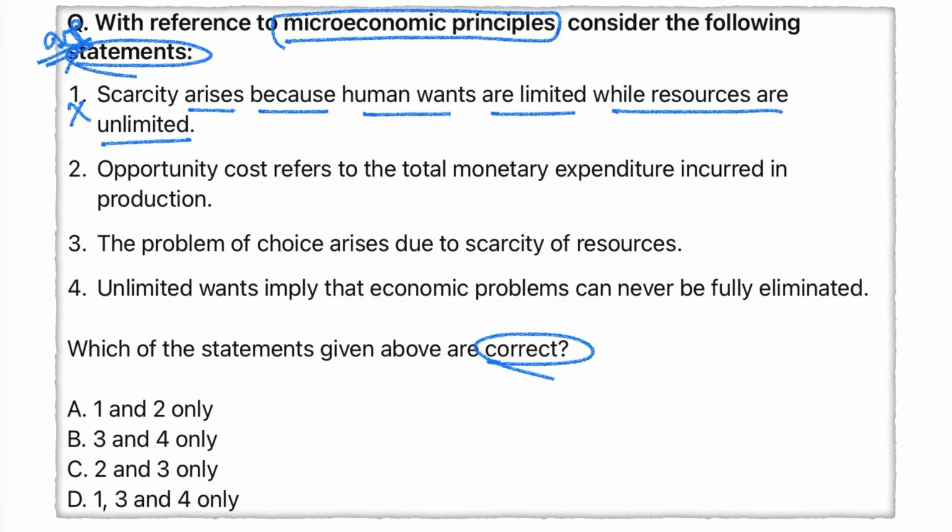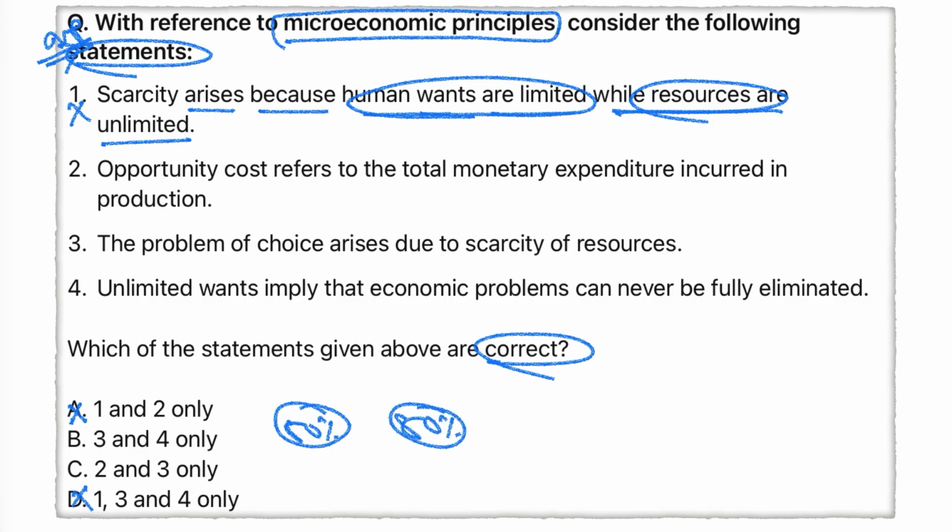You already read that human wants are unlimited and resources are limited. That's why scarcity arises. So it's wrong. Then option A is easily cut and D is cut. 50% of our question is solved. Let's discuss the other statements.